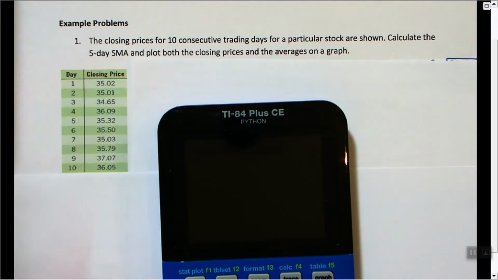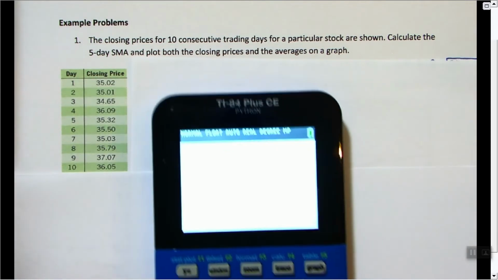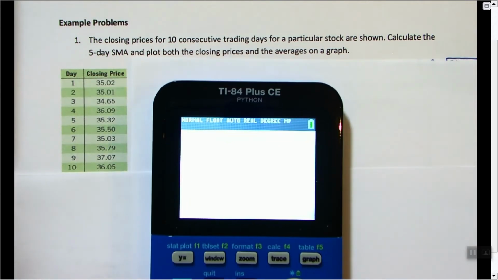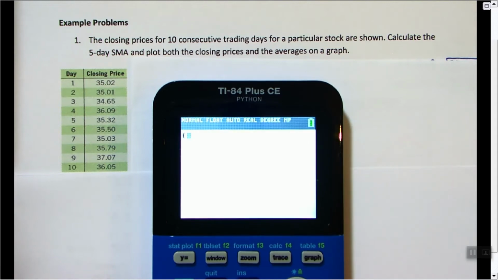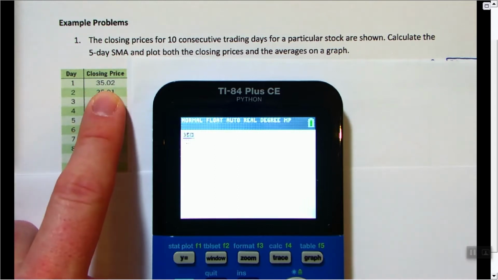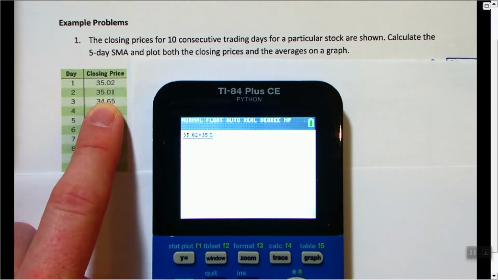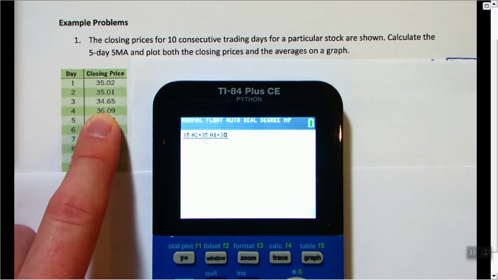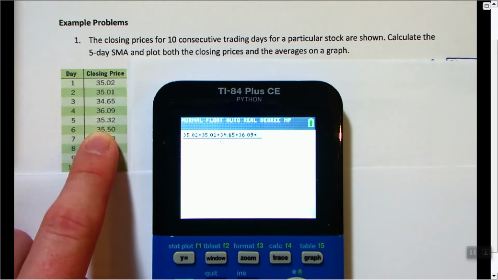5-day simple moving average. On a calculator, you probably would do an open parenthesis. I guess we could do a fraction. We would add up 35.02 plus 35.01 plus 34.64 plus 36.09 plus 35.32, divided by, well, it's an average of how many numbers?